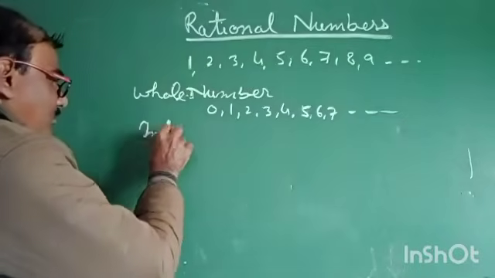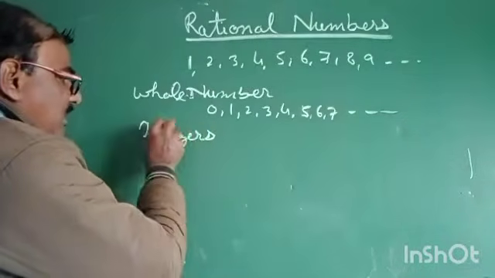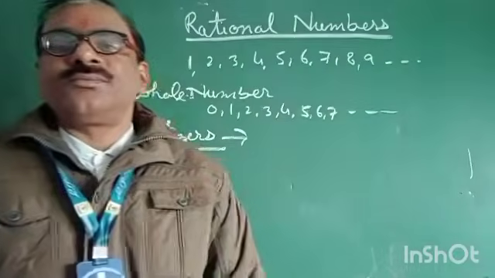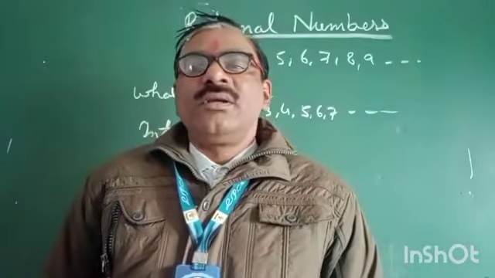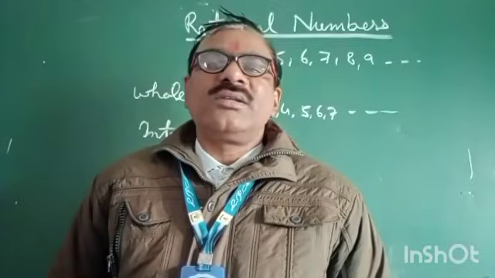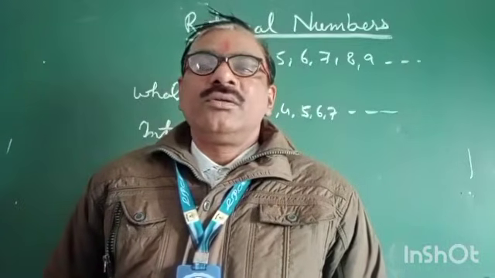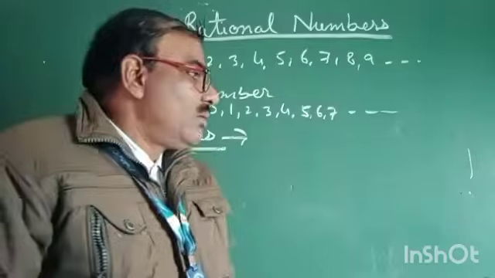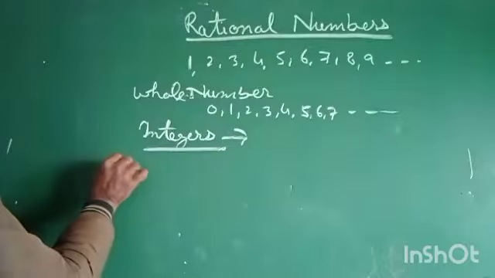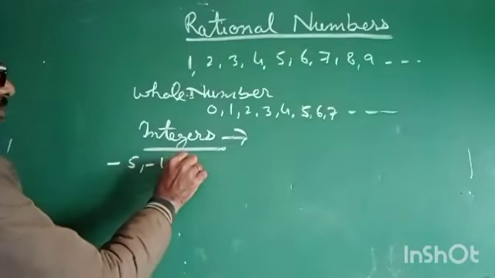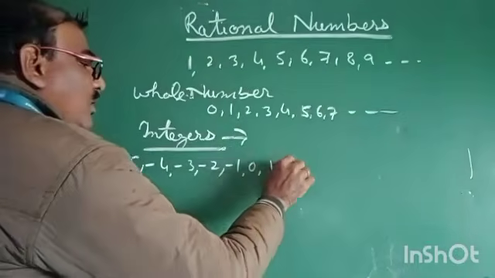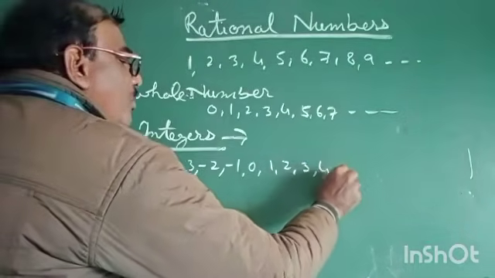Integers: all whole numbers and negatives of counting numbers are called integers. Like this: -5, -4, -3, -2, -1, 0, 1, 2, 3, 4, 5.